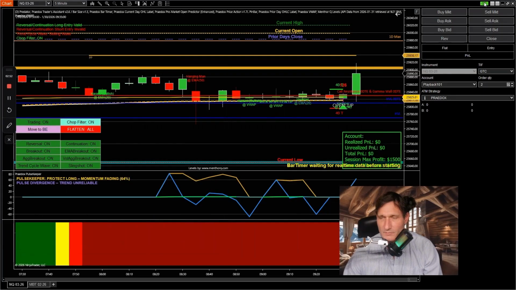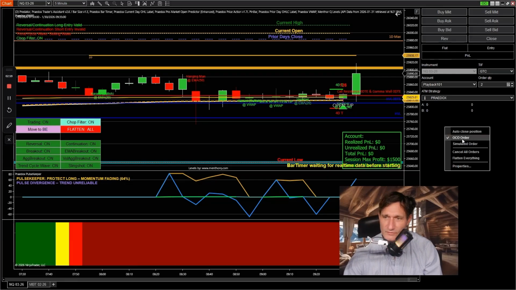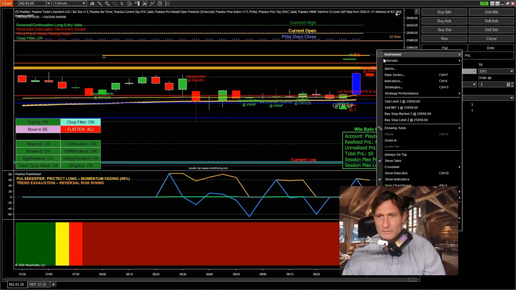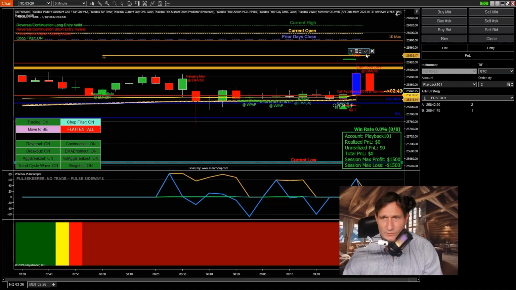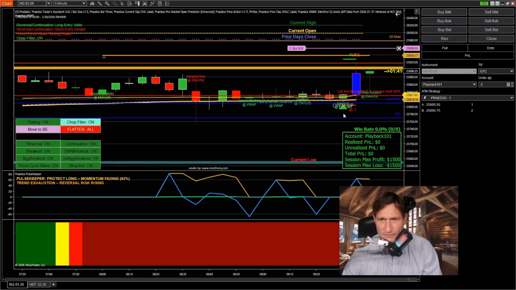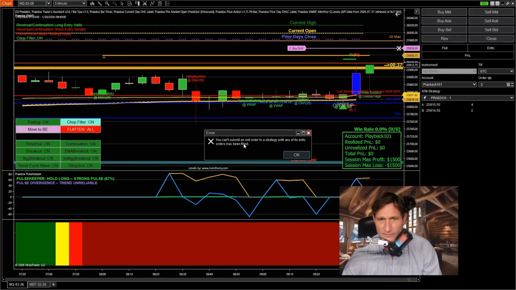Oh, good to know. Make sure you have One Cancels the Other checked. You'll see this green box. All right. So sometimes when you go to put in a bracket order, see I got the buy on this side and the sell on the other side, you're going to get this error.